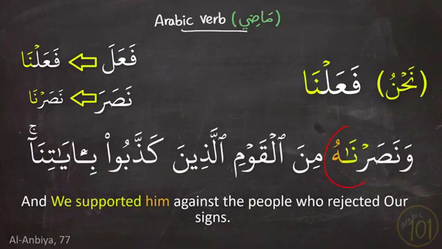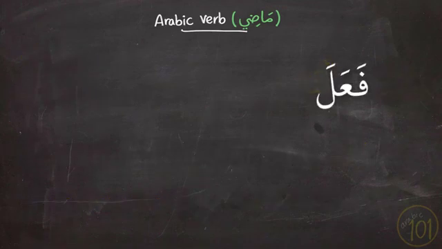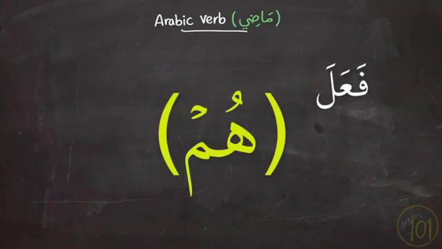Notice here how we are adding ha at the end of the verb, since we can add more than one suffix to the end of the verb to build up the meaning, like we've learned last time. وَنَصَرْنَاهُ مِنَ الْقَوْمِ الَّذِينَ كَذَّبُوا بِآيَاتِنَا.